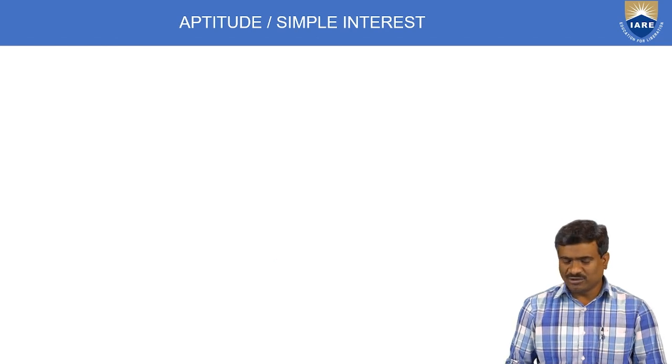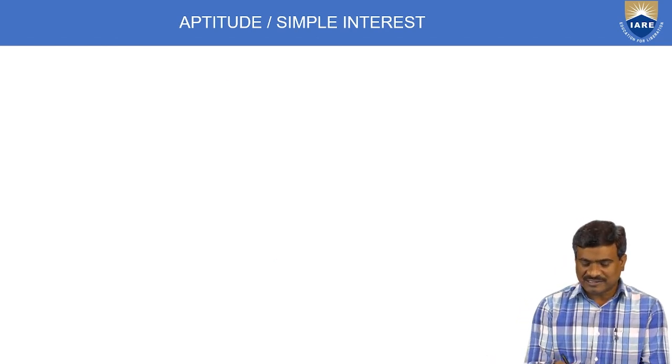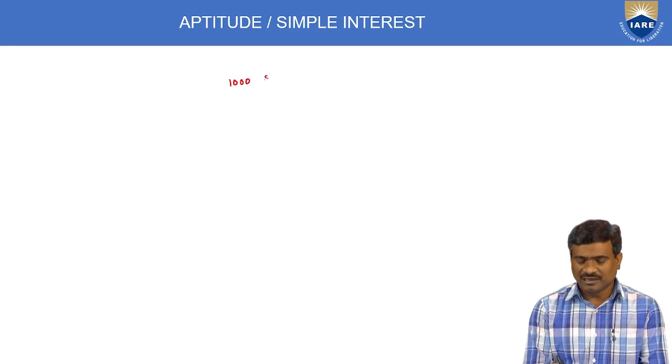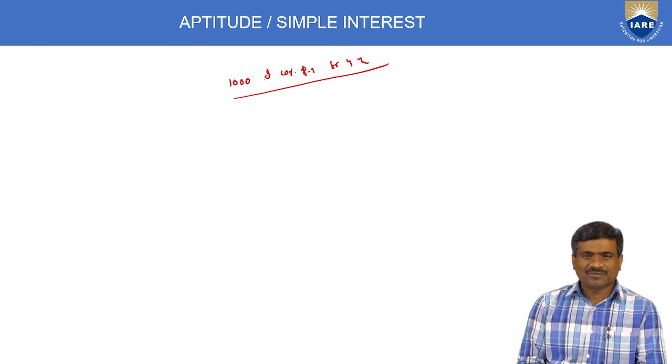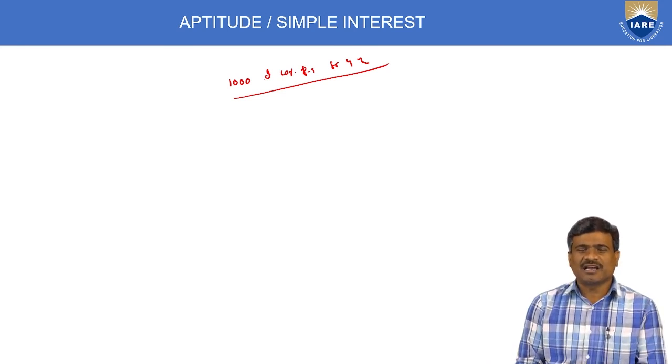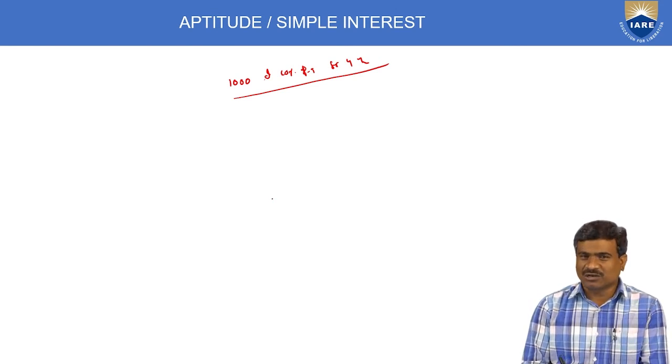Example: find the interest on rupees 1000 at 10% per annum for 4 years. Find the interest only, but the type of simple interest or compound interest clue is not given.